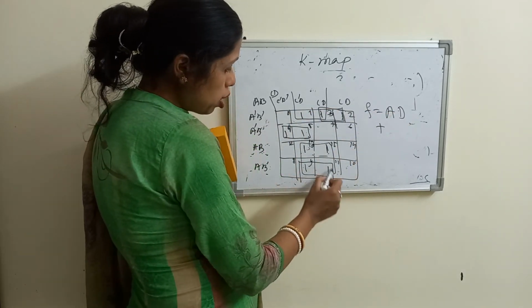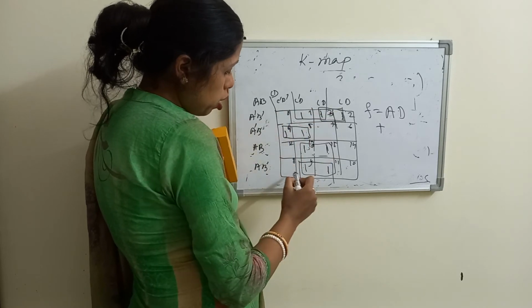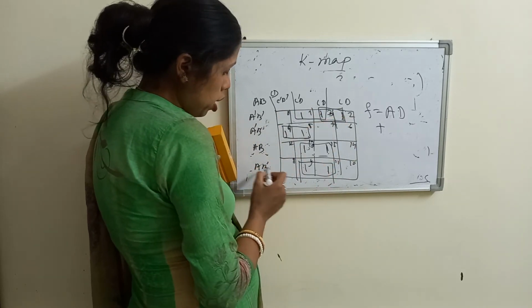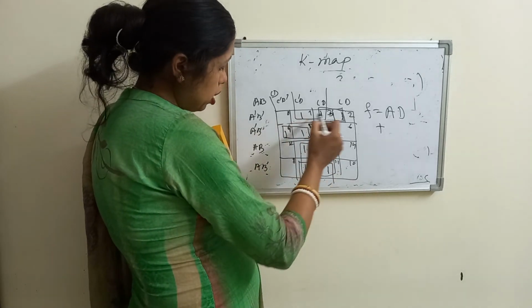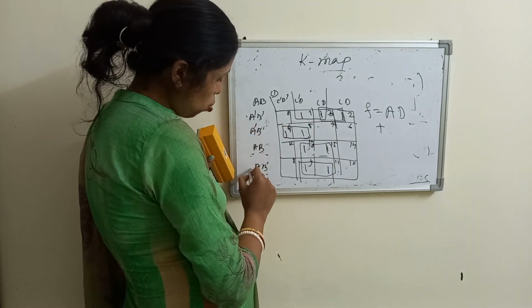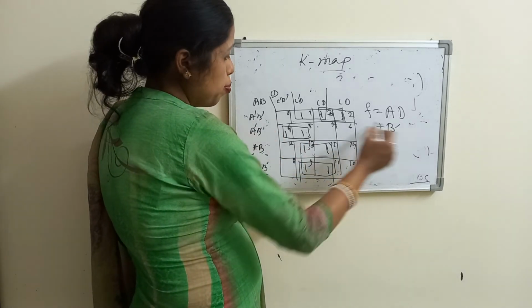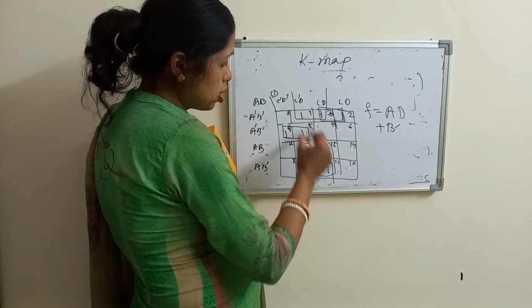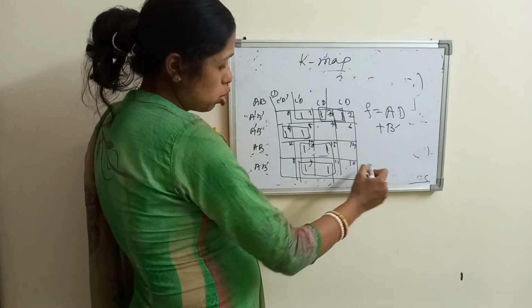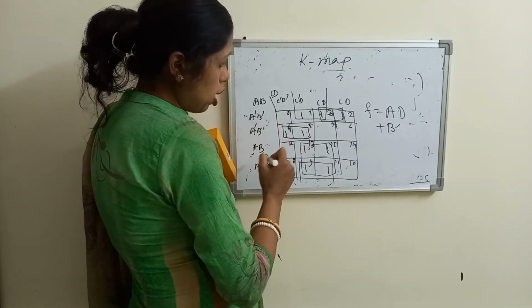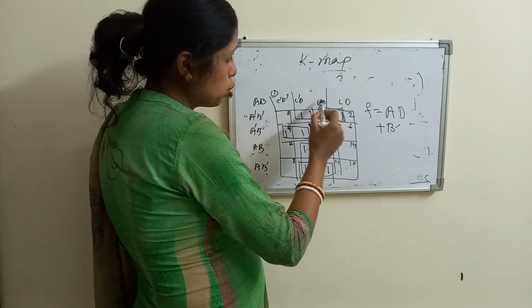Now I come to this quad. That means in this row I have to check. If you see this row and this row, and observe these two values, B prime is constant. Because these two cells include this corresponding row, from here B prime will come. From the vertical value, which value will come?